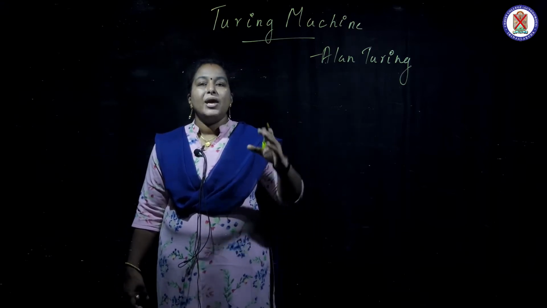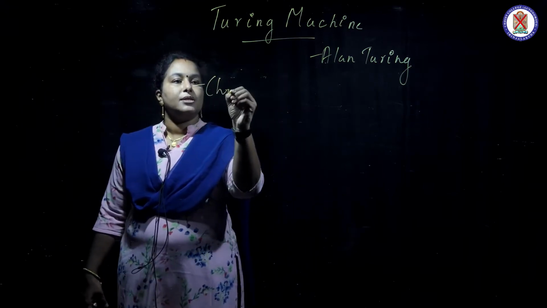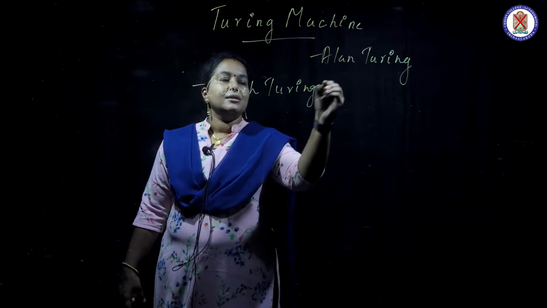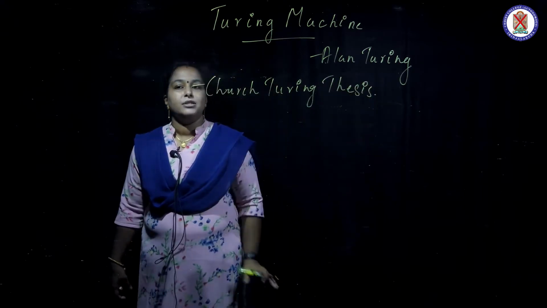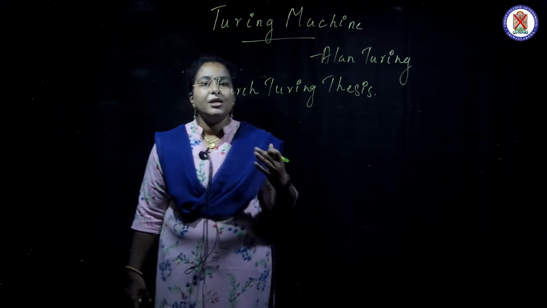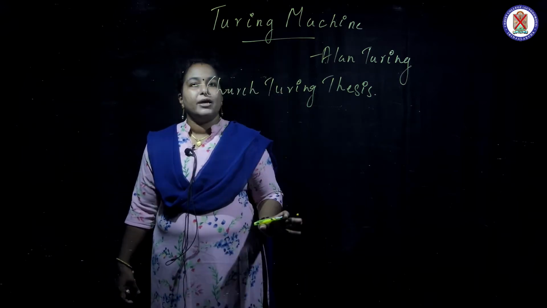Okay, there is a thesis that is called the Church-Turing thesis. The Church-Turing thesis says that everything that a modern computer can do is done by the Turing machine. That is, every computational task that a computer can do is done by a Turing machine.